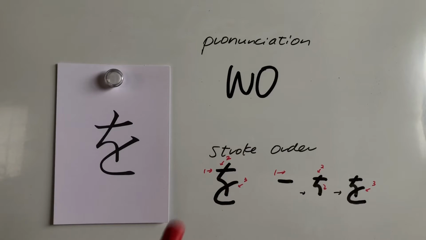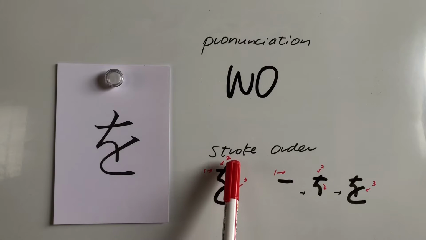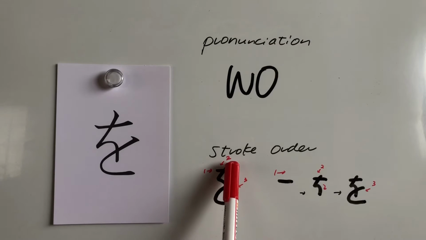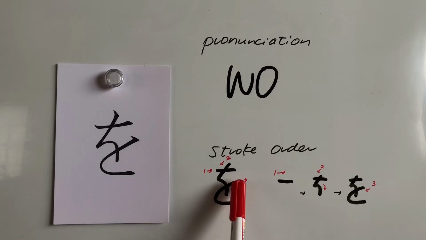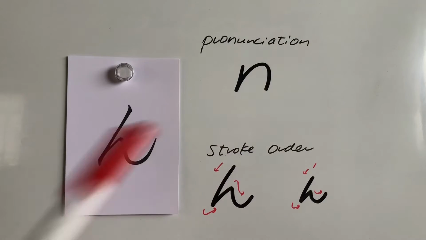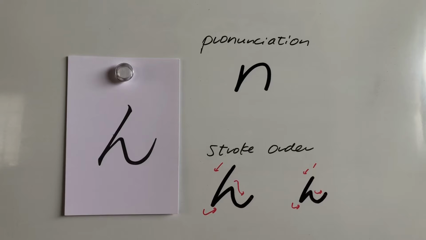Okay, we start from here. 1, 2, 3. And then this one is, for the pronunciation, you might feel a little bit complicated, but we just say o. Okay, and we start from here. 1.